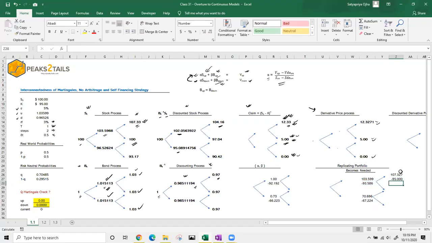Okay. Together, if I highlight these two, you see below here in Excel, the sum is 12.327, which is the derivative price. This is just trivial because we calculated alpha and beta in such a way that it will match. Okay, so we don't need to be surprised. Similarly, below, stock will become, this is my stock, down times down factor, which is 0.96, and bond will become, bond is always growing at risk-free rate, e to the power r delta t.